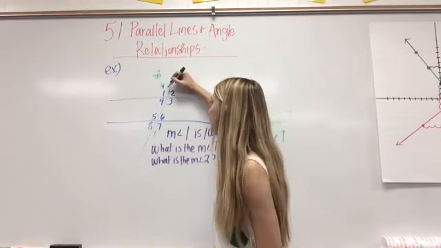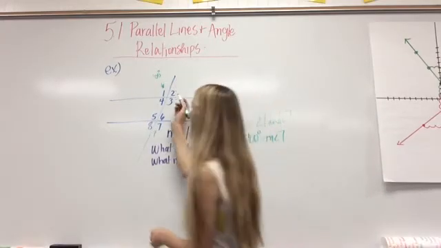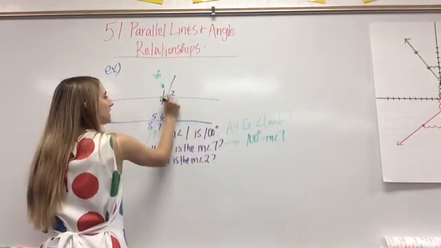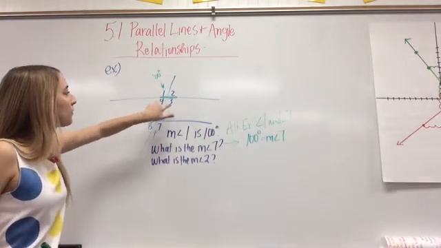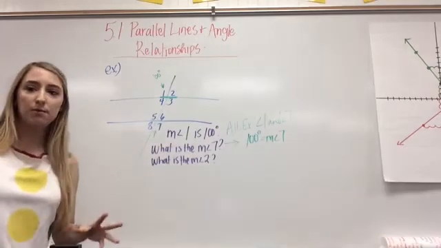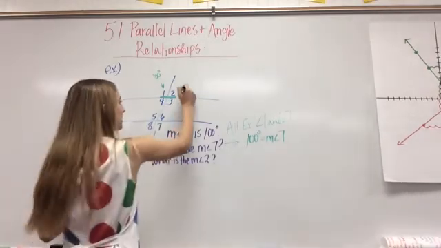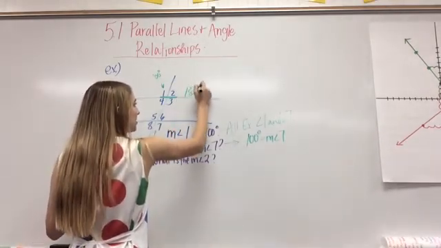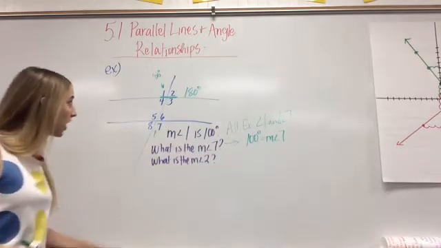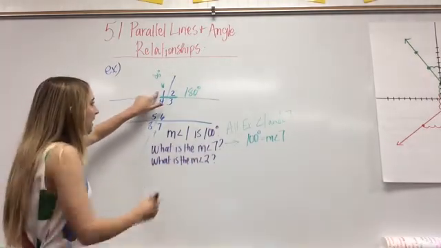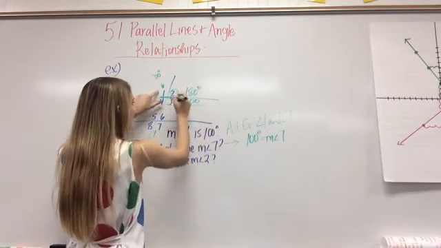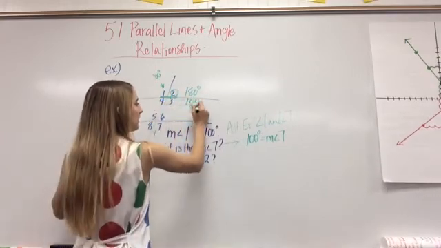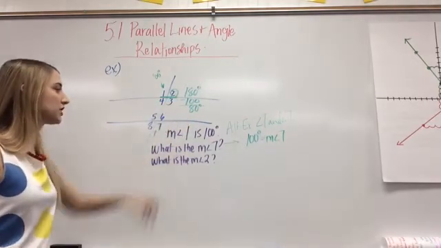But if you notice, angle 1 and angle 2 form a straight line right here. Those two angles together form a straight line. And what we know about straight lines is they have a degree measure of 180 degrees. So if we take 100 and we subtract it from 180, we can find what angle 2 is. So angle 2 is actually 80 degrees.